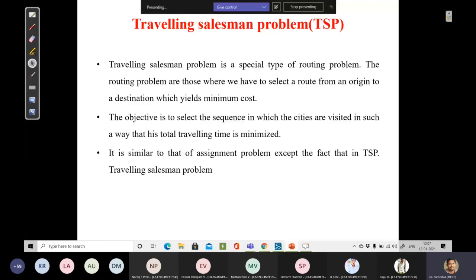Say, for example, he starts from location A and has 6 locations to cover. From location A, he will have the options to travel to location B, C, D, E, F. Suppose he is moving to location B.